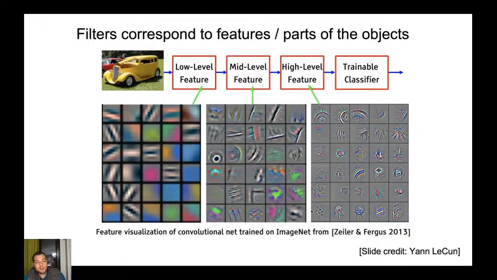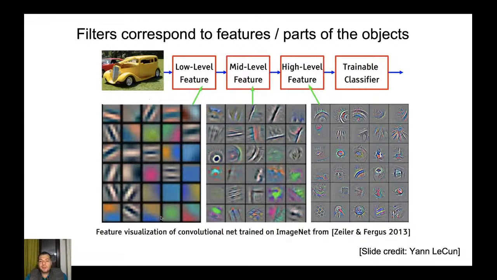Yeah, different patterns, different textures, some square object here, and so on. Since these filters are common for all object classes, we expect edges and corners and so on for different object classes.